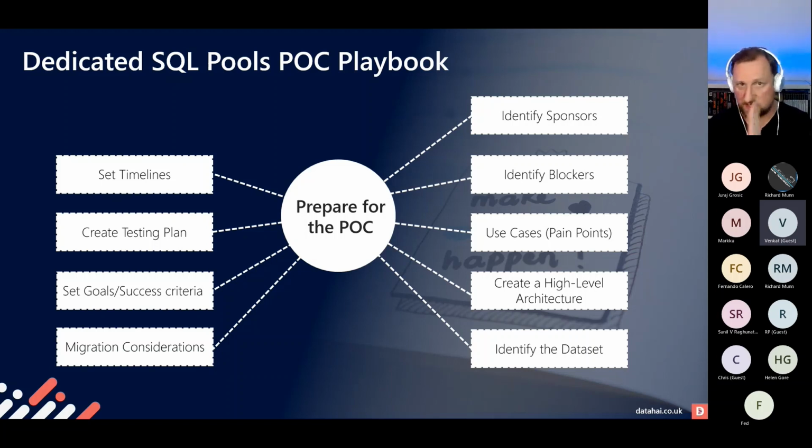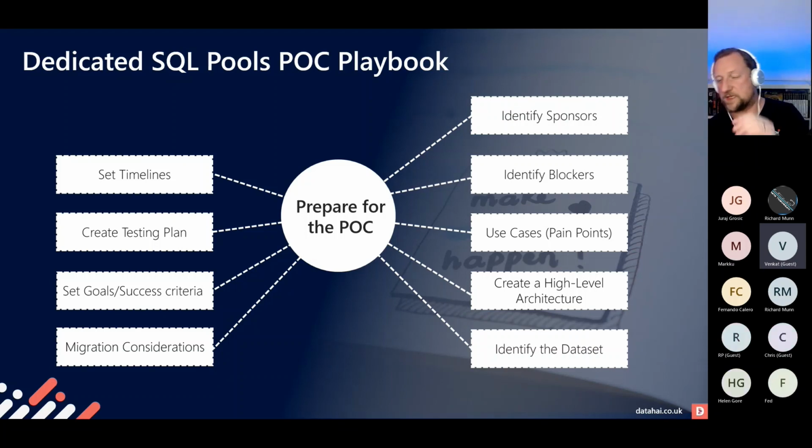This is, let's say, 2 weeks after several weeks of going through this process, identifying sponsors and high-level architecture, and creating your testing plans and so on, so that Monday morning you're ready to go. Bang, you're going to start the proof of concept, load your data in and query.